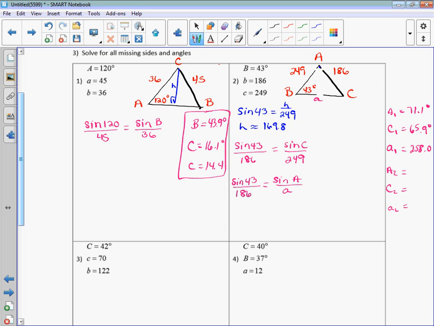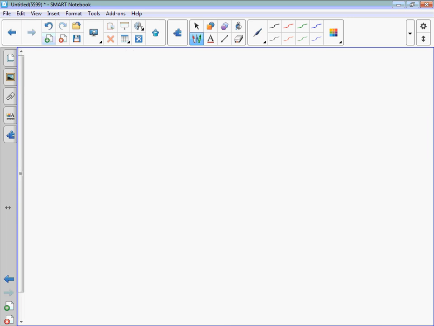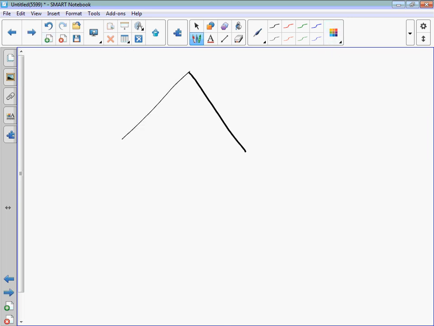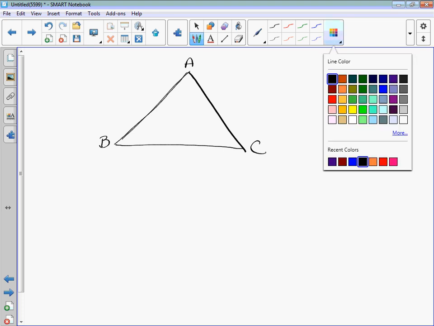Alright, so I'm going to redraw this just so you can see what's happening. Okay, so B was down here, A was here. Guys, please pay attention. This is like the only thing that's kind of hard in this unit.